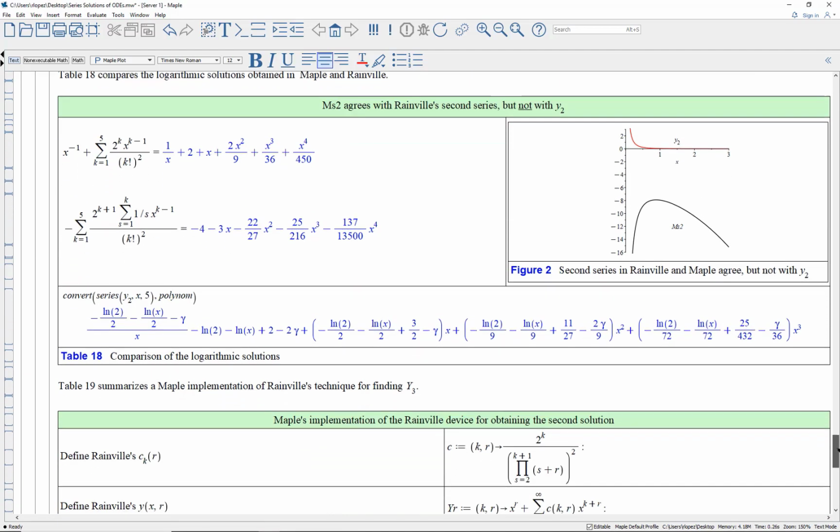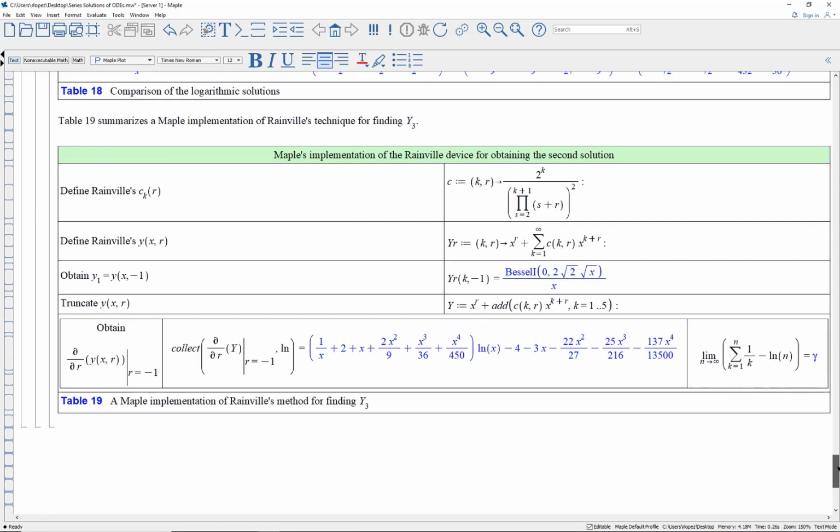So finally, can Maple reproduce Rainville's technique for obtaining the logarithmic solution? So let's take Rainville's c_k of r. This is what it looks like. So this is then Rainville's general solution template. If you evaluate it at minus 1, you get Bessel I over x. Let's truncate that. And we want to differentiate with respect to r.